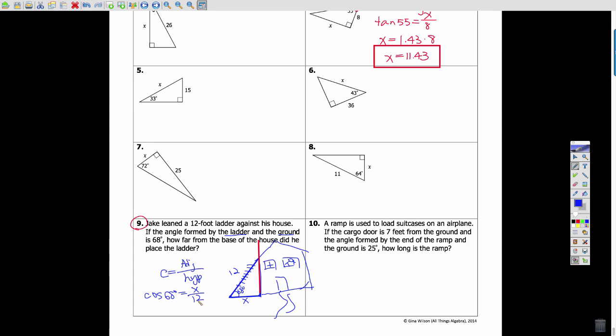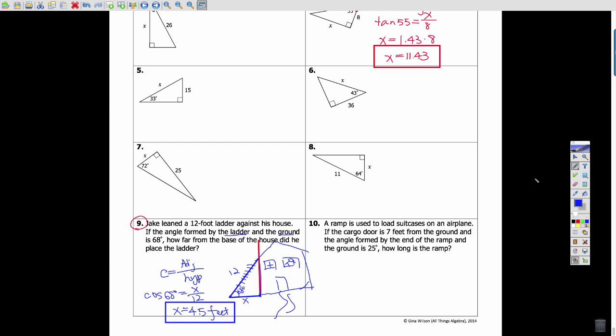And if you use your calculator, cosine 68 is 0.37, multiplied by 12. That should be x equals 4.5 feet. So in other words, the ladder is 4.5 feet away from the house.